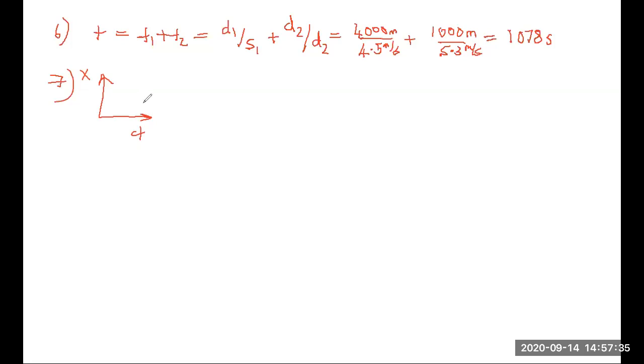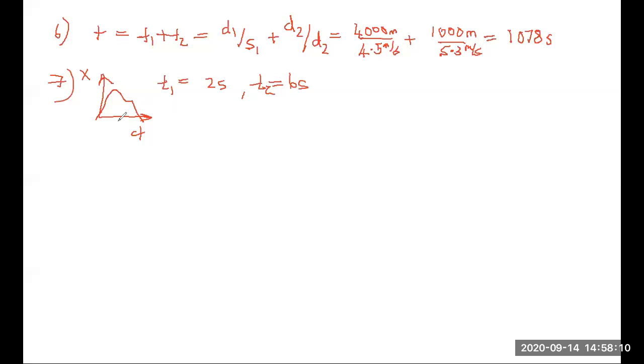And we're asked to figure out the average velocity for the graph. So it looks something vaguely like this. We're asked to figure out the average velocity between the initial time, I'll call it T1, which is 2 seconds, and the final time, I'll call it T2, 6 seconds.